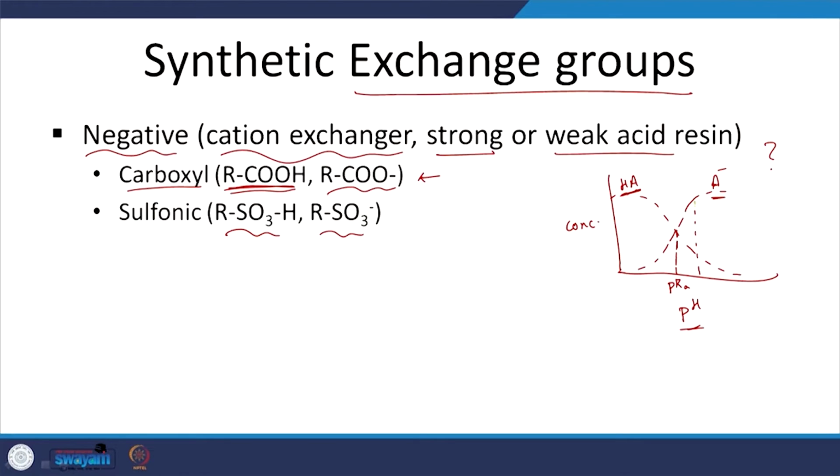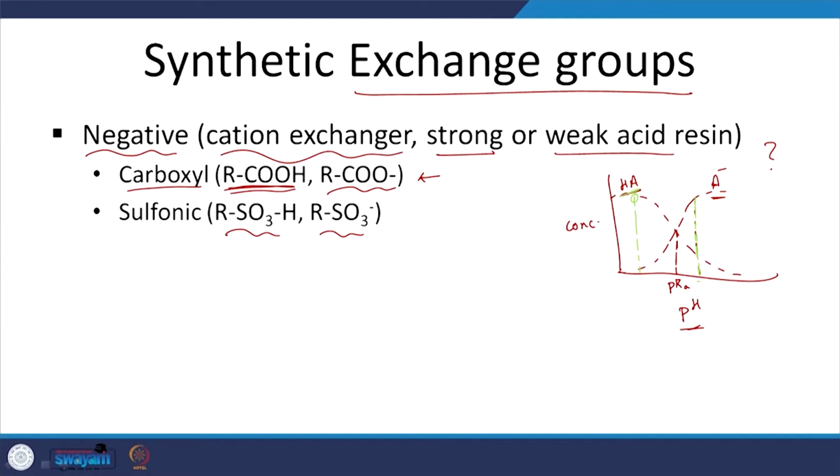A minus is going to predominate. But when the pH is less than pKa, which form is going to be predominant? Obviously HA. The issue here is when the compound stays in its protonated form HA, then obviously it is not going to function as an ion exchanger.